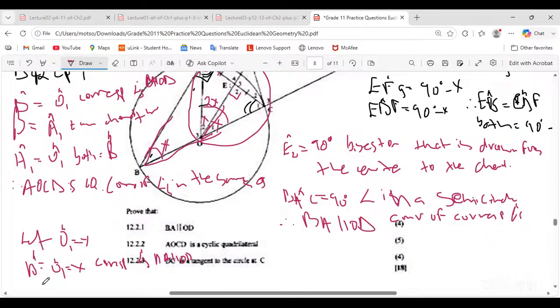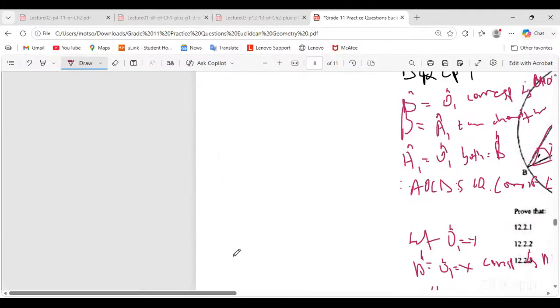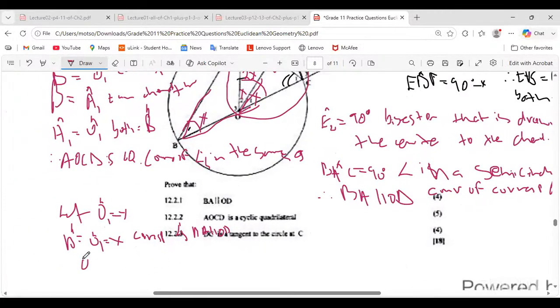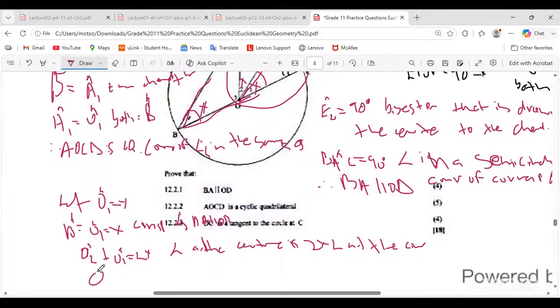Then O2 plus O1 is equal to 2x, angle at the center is 2 times angle at the circumference. Now, also O2 will be x. Okay, you understand that part.